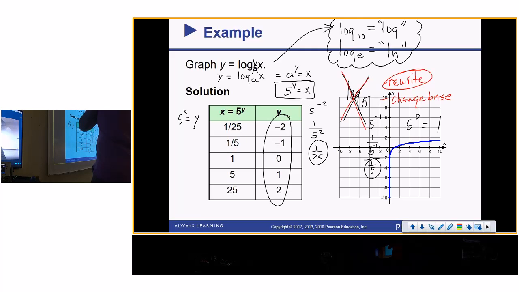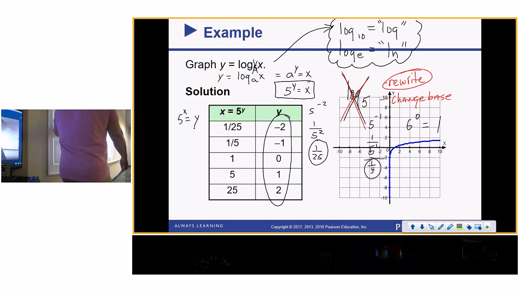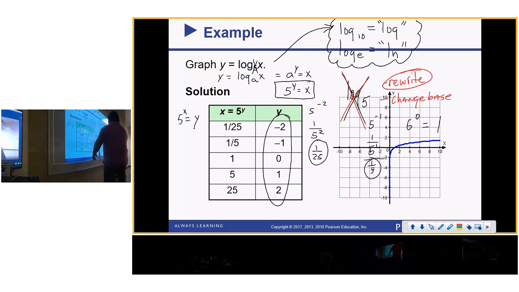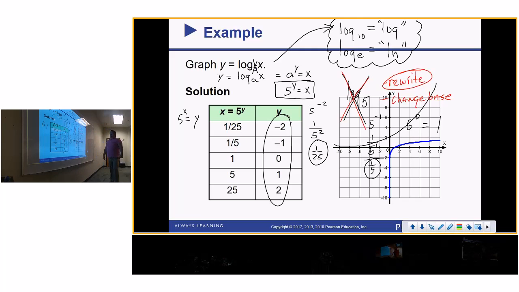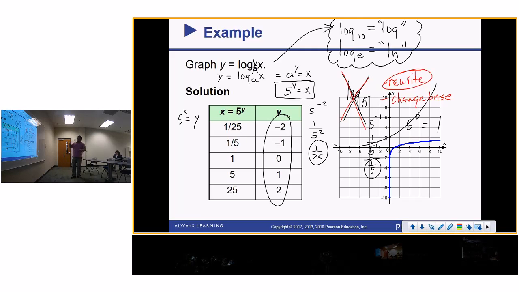Y is equal to 5 to the x. And we said that when you do 5 to the x, it's going to look like that. Okay? Well, it's going to look like the blue one, except it's going to be like that. So you're getting the inverse function there.